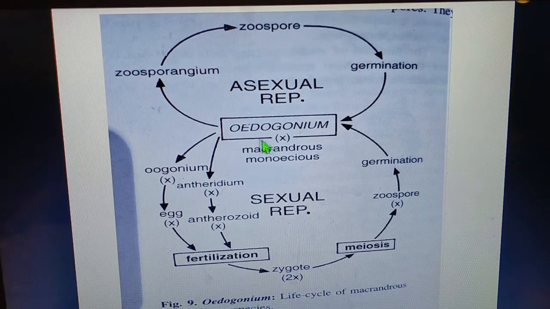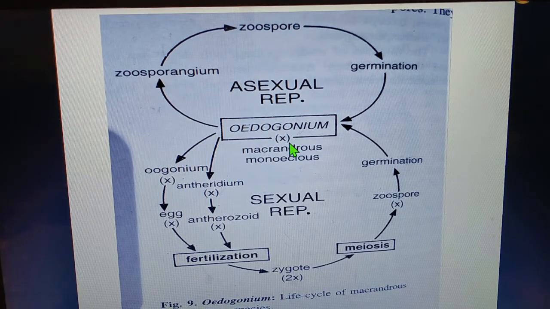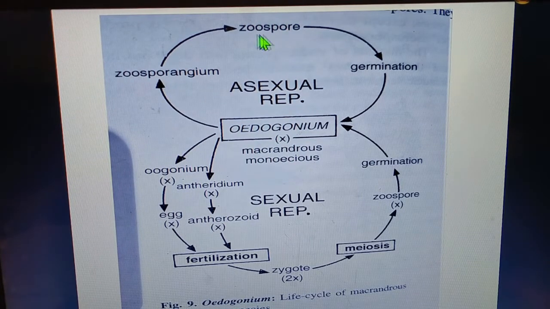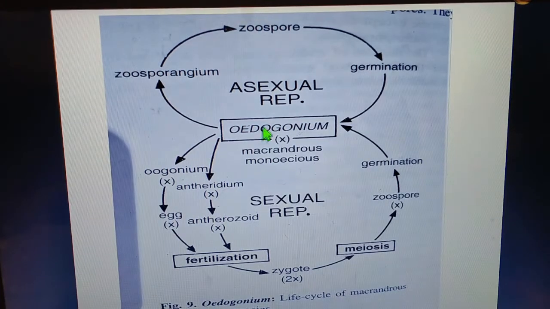We know that the zoospore will give rise to a haploid filament.